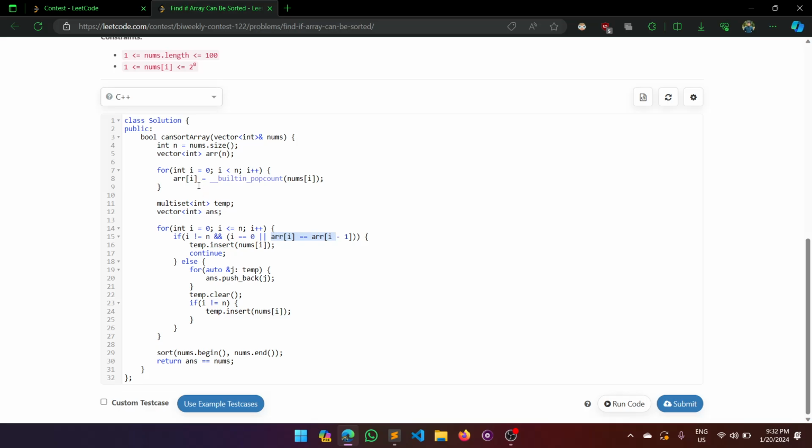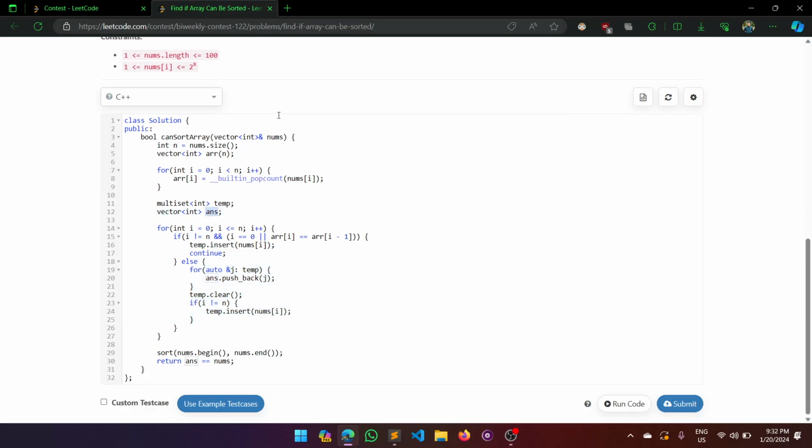First of all, I am forming another array in which I'm storing the number of set bits for each element, and if the number of set bits is equal to the previous element's number of set bits, then I'm putting it into temp, which means one group. And if the group ends, this part will be executed. In that case, I'm putting the elements in sorted order in another array, which is answer.